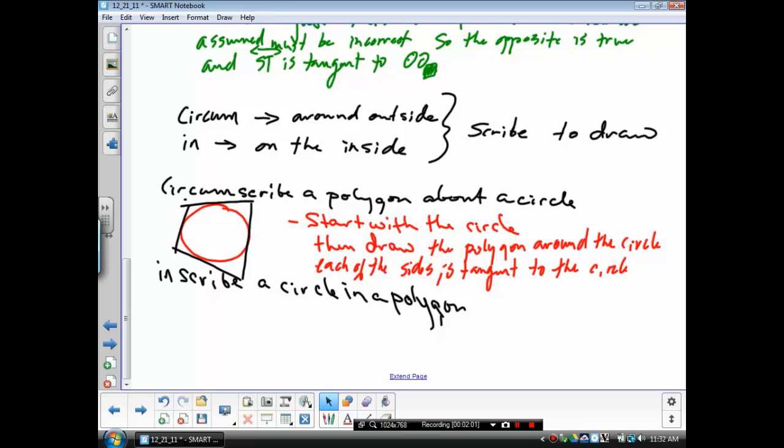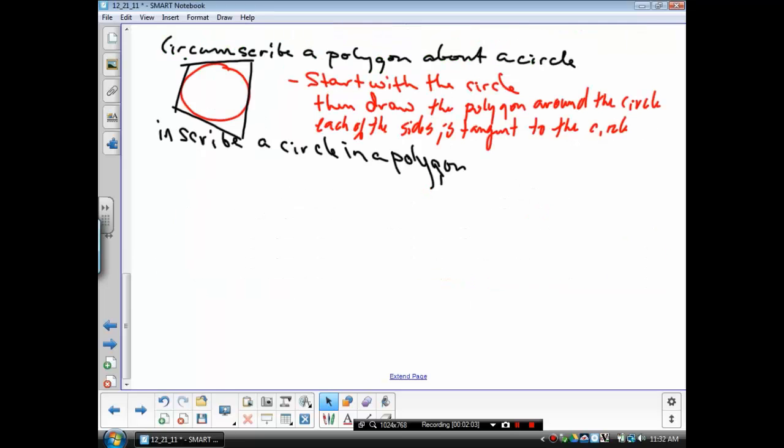Now, to inscribe a circle in a polygon, notice we would have to start with the polygon. And then we're inscribing the circle. So then, draw the circle inside the polygon.